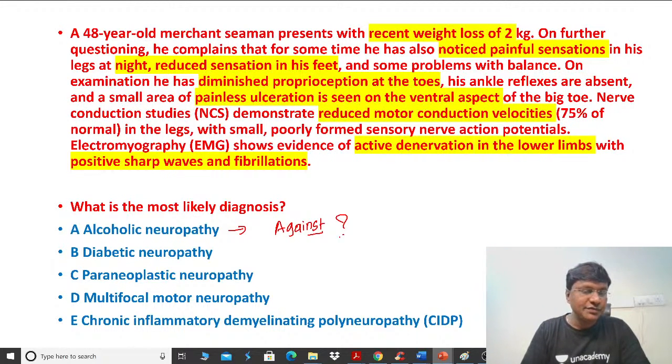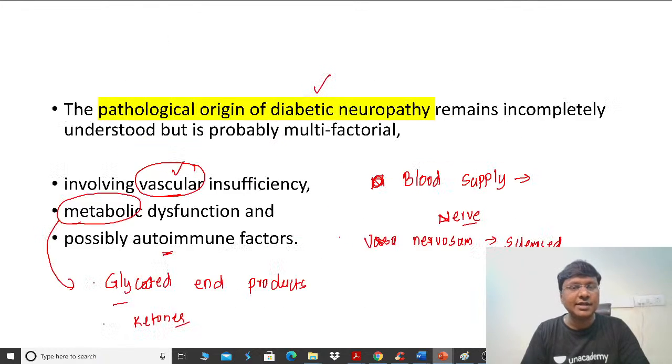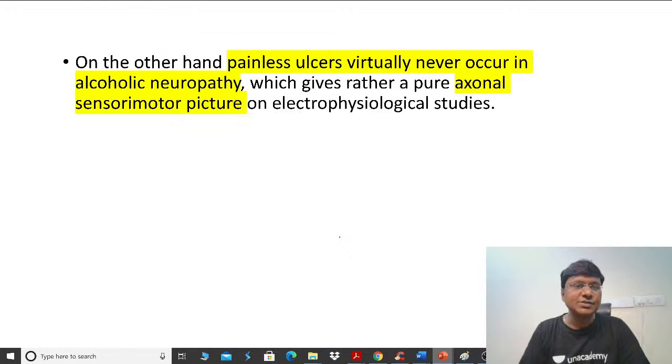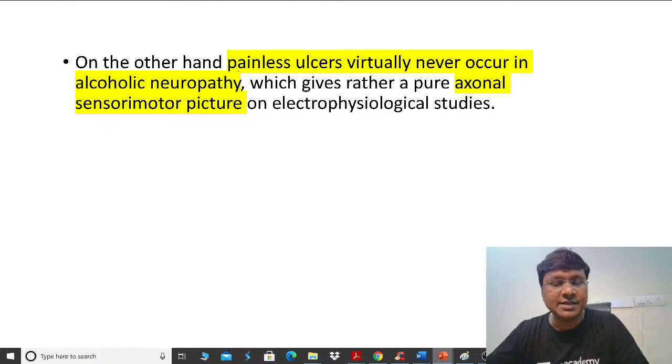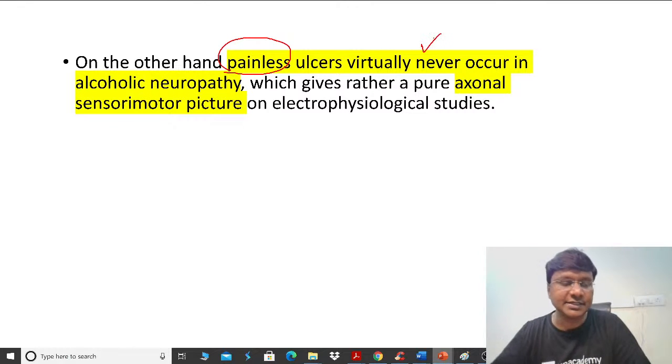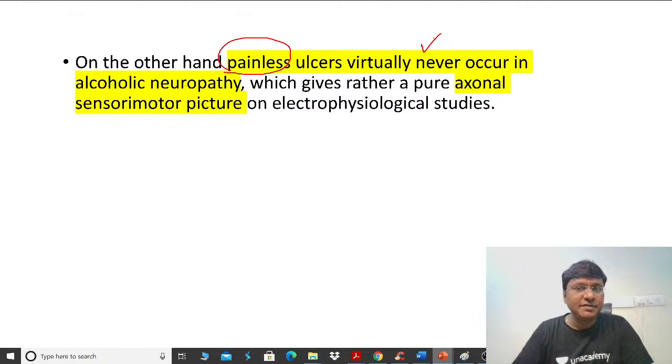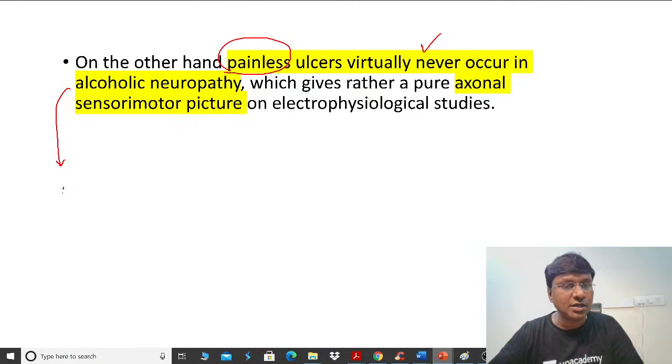The point against alcoholic neuropathy is that in alcoholic neuropathy, a painless ulcer will never occur. It is always the painful sensation. And alcoholic neuropathy is an axonal neuropathy.